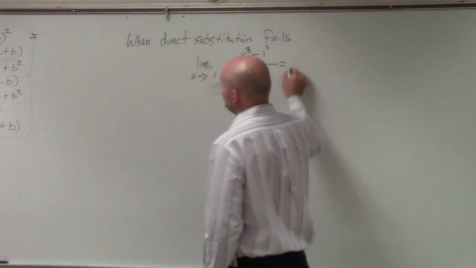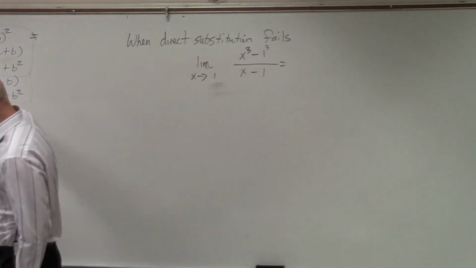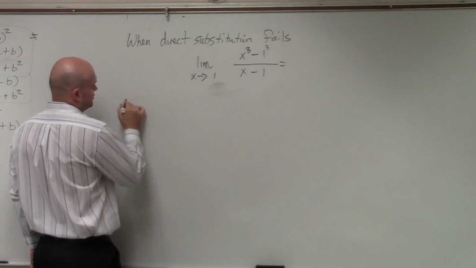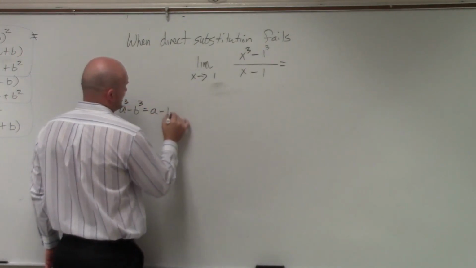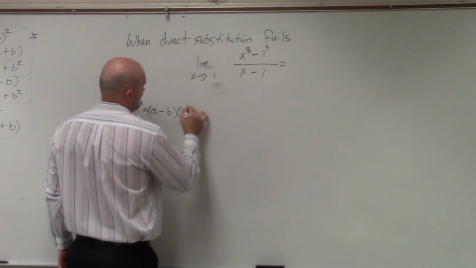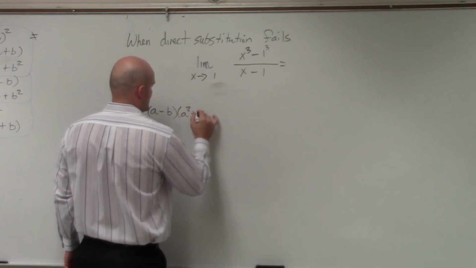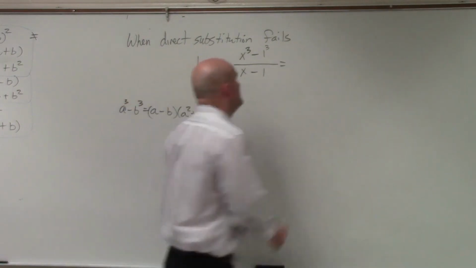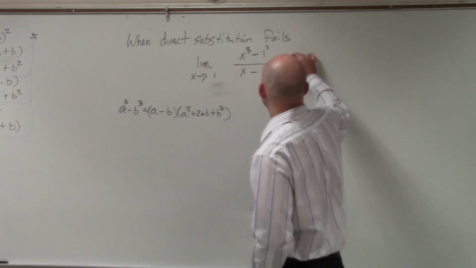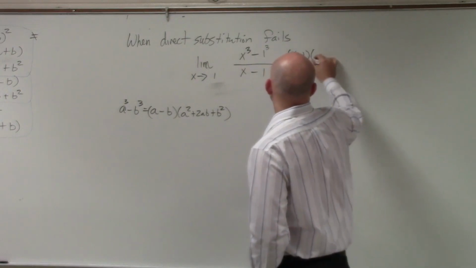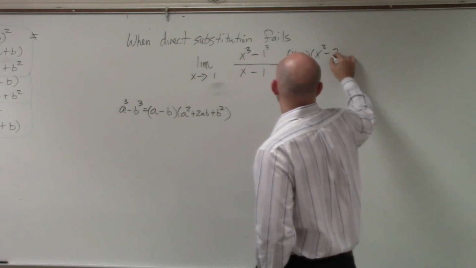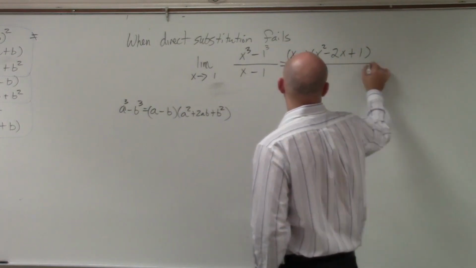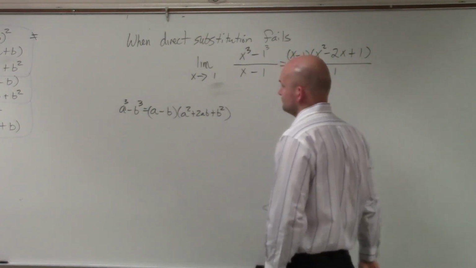So by using my sum and difference technique, which is a cubed minus b cubed equals a minus b times a squared plus 2ab plus b squared, I can identify this to be x minus 1 times x squared minus 2x plus 1, all over x minus 1.